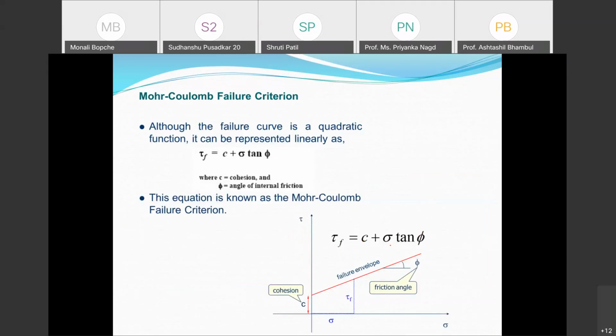Suppose I consider this one simple soil element. This soil element will be subjected to these normal stresses on all the sides of your element, and the shear stress along this plane.